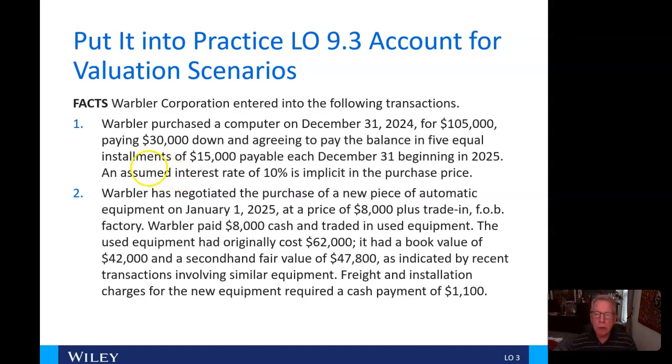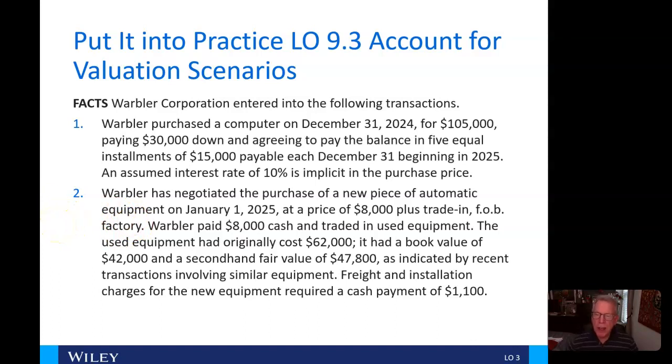An assumed interest rate of 10% is implicit in the purchase price. Warbler also negotiated the purchase of a new piece of automatic equipment on January 1, 2025 at a price of $8,000 plus trade-in, FOB factory.